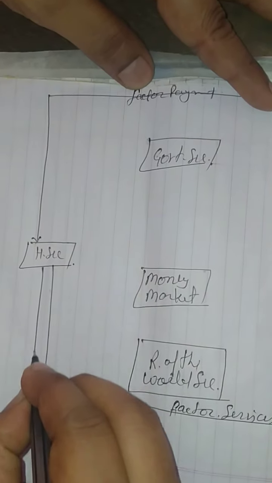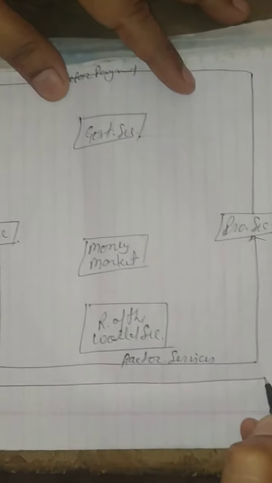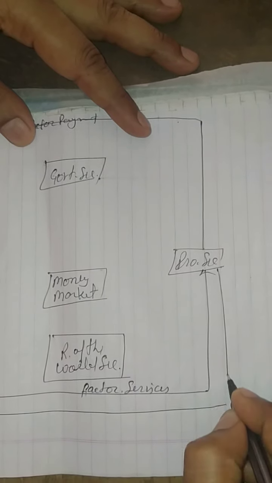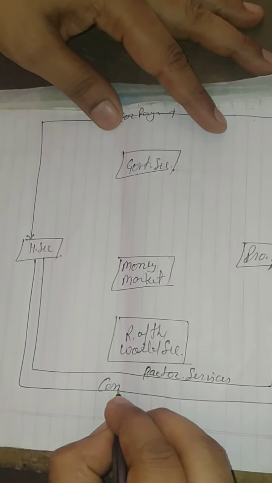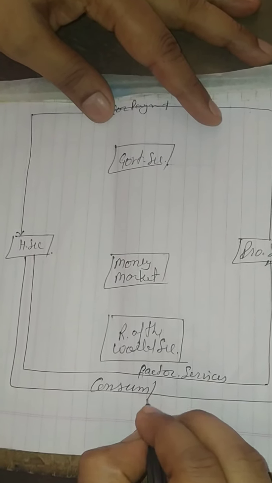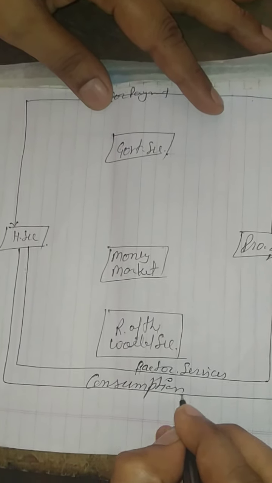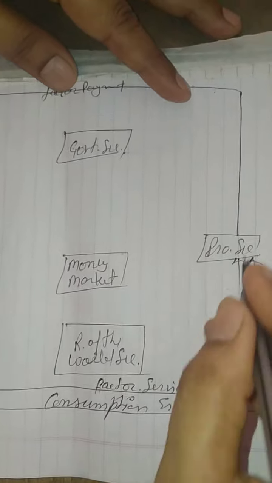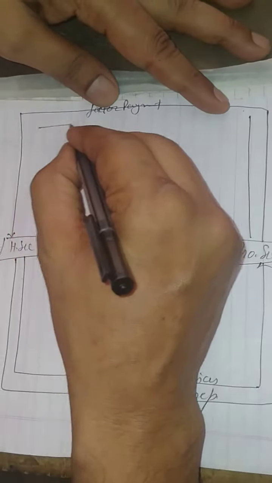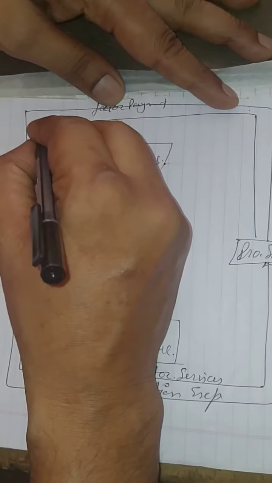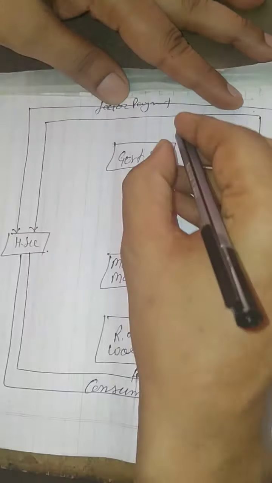Household sector consumption expenditure in production sector. And production sector issues goods and services to household sector.